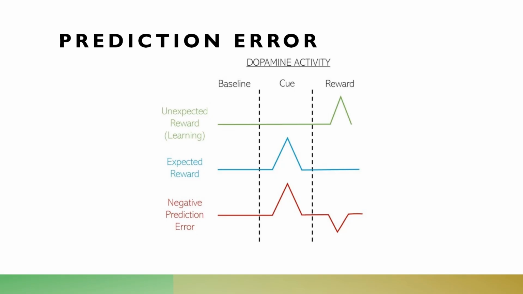But then when you see that friend a few times, the friend becomes a cue that they're bringing you a candy. So a dopamine burst happens, and the spike of dopamine occurs at the cue. So the next time when you see him again, but there's no candy, you expect candy, but it does not occur. So dopamine activity goes down below the baseline. So we have an error in prediction.